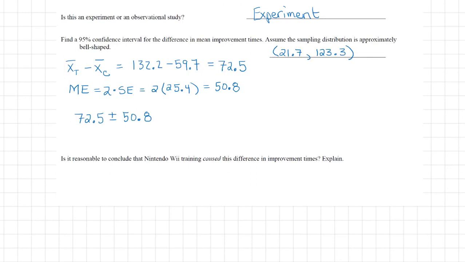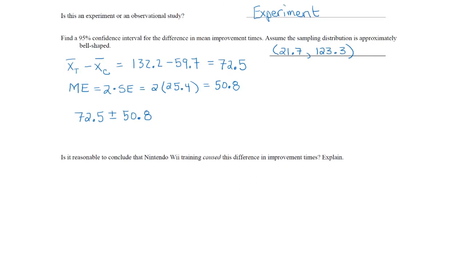Now, when we come to this question here, is it reasonable to conclude that the Nintendo Wii training caused this difference? That's where we need to reflect on the methodology of the study. This was a randomized experiment. The video game playing was randomly assigned to the subjects, and therefore we can answer yes to this.